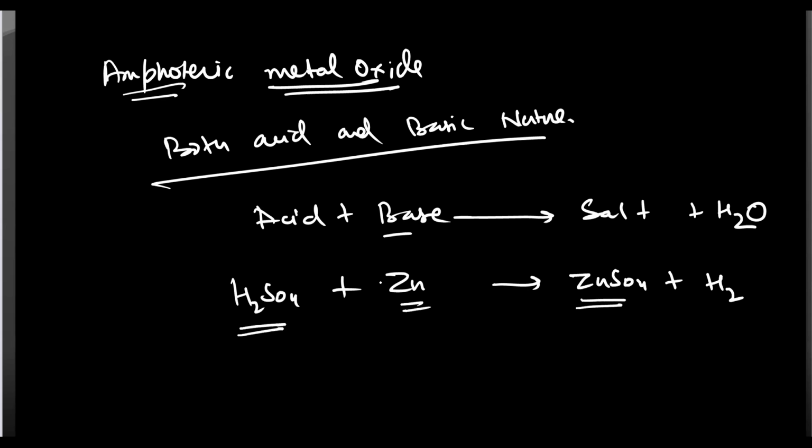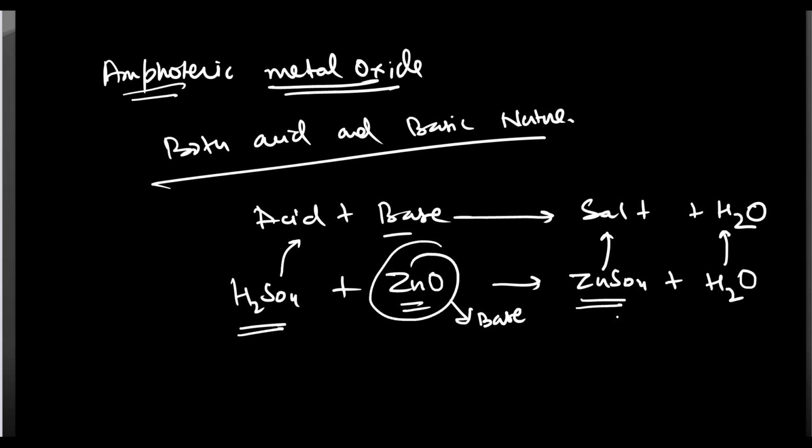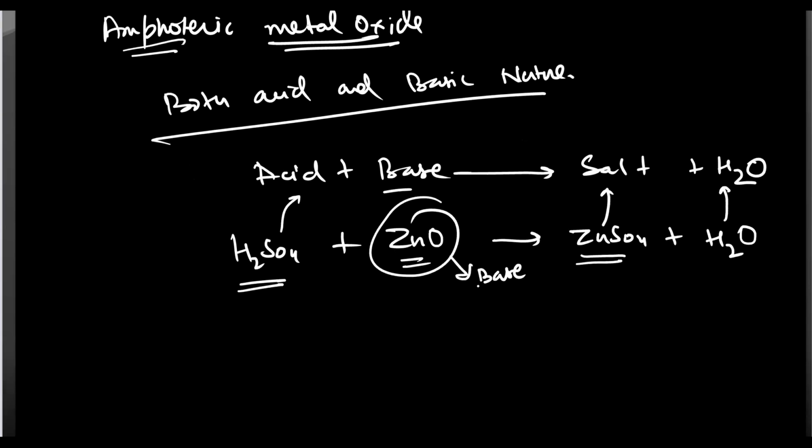Metals when they react with acid form salt plus hydrogen gas. But if I put O here, then it will form water. Now you can consider this is salt, this is water, and this is acid. So comparing this equation, this should be base. So ZnO here is acting as a base.